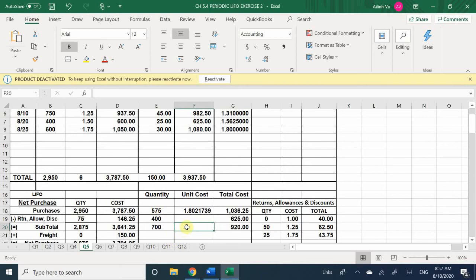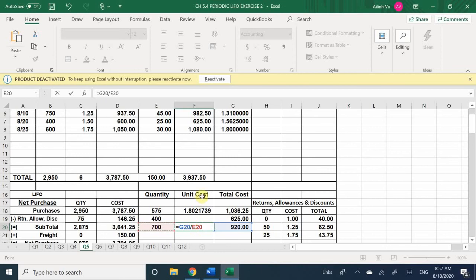Portion. All right. So what do we got to do first? We got to find a cost per item, right? So how do you find the new cost per item now? 920 divided by 700.